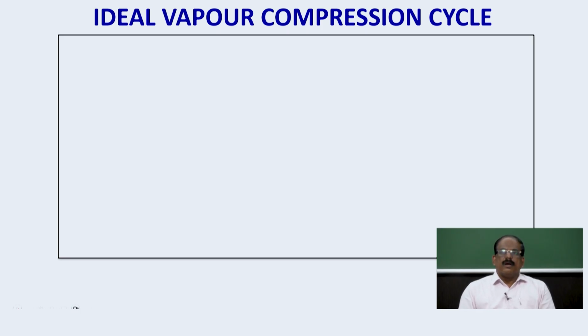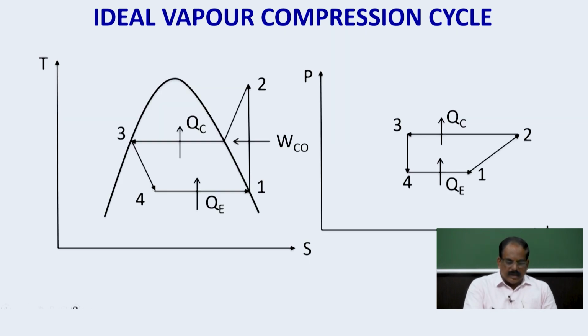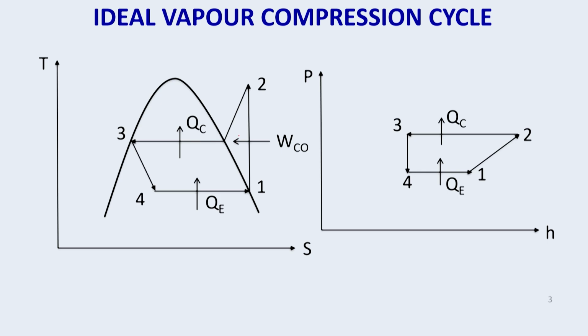That is, in the diagram, condenser pressure P2 is equal to P3, and evaporator pressure P1 is equal to P4. The condenser temperature T2 equal to T3 is equal to Tc, and the evaporator temperature T1 equal to T4 equal to Te. Similarly, in the pH diagram, P1 is equal to P4 and P2 is equal to P3.